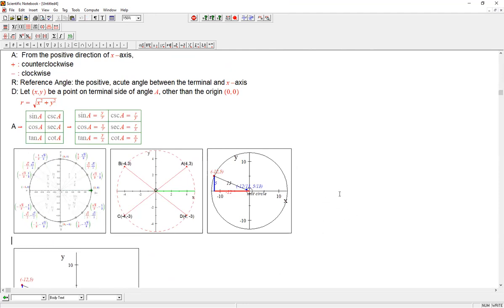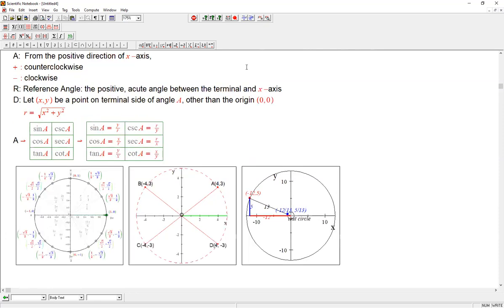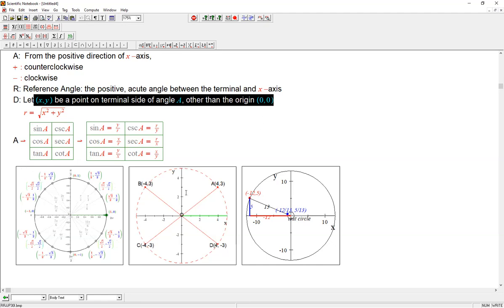So what do we see? If you look at ARD now, A is the angle measured. We have talked about how to measure the angles as input for sine, cosine, secant, cosecant, tangent, cotangent, right? (x, y) is a point on the terminal side of the angle other than the origin.